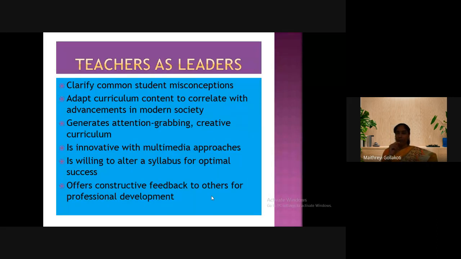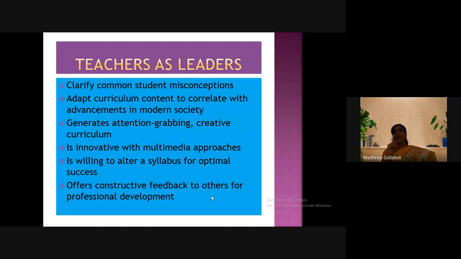If I am doing report writing, I will bring a small newspaper report and ask them to prepare a report on the topics that are there in the newspaper. Like that, I try to integrate whatever is happening in society with what is happening in the class. That will make it feel very realistic. That will make them understand the relevance of our subject to their life.